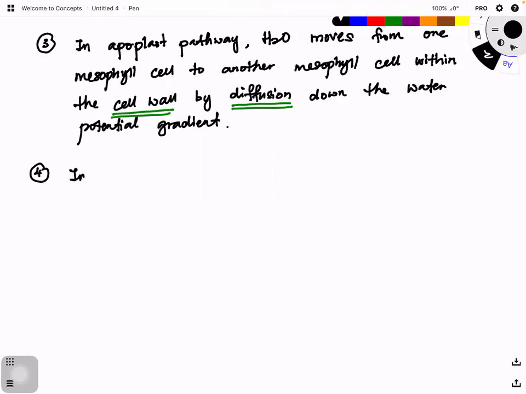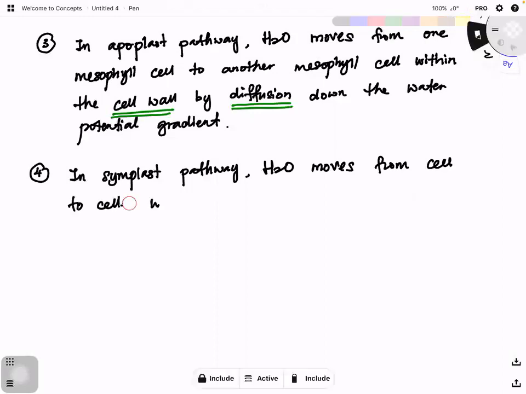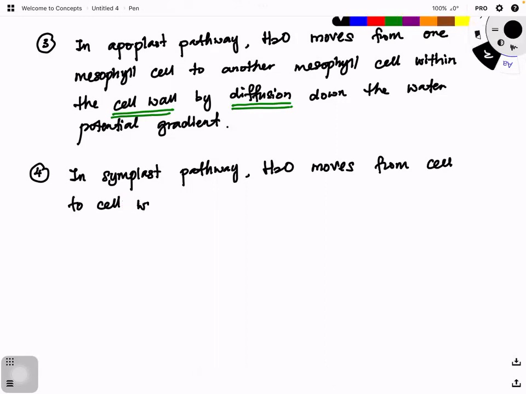So in symplast pathway, same thing, water molecules move from one mesophyll cell to another cell. Or you write from cells to cells. So it can be cell to cell within the cytoplasm. Put a bracket: if within the cytoplasm, by what?